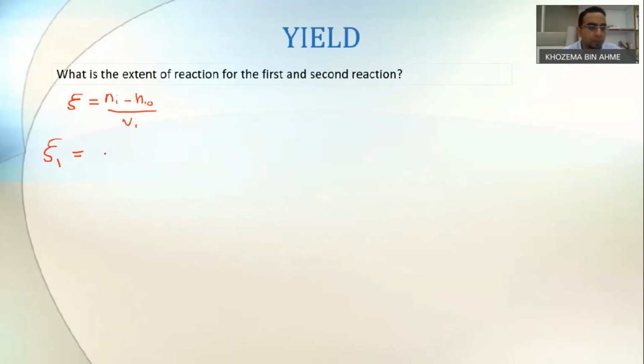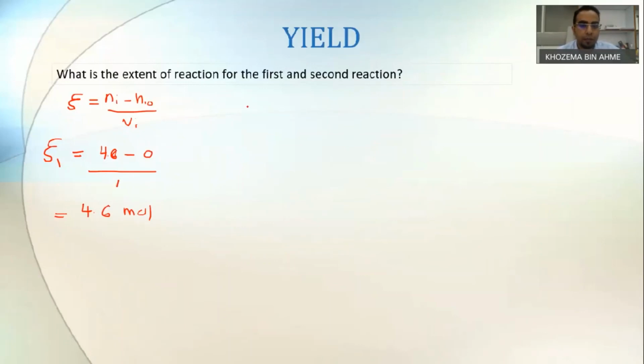So it's going to be 4.6 minus 0, because final mole of HCl is 4.6 and initial mole of HCl is 0, divided by our stoichiometric coefficient of 1, so we get the value of 4.6 mole.